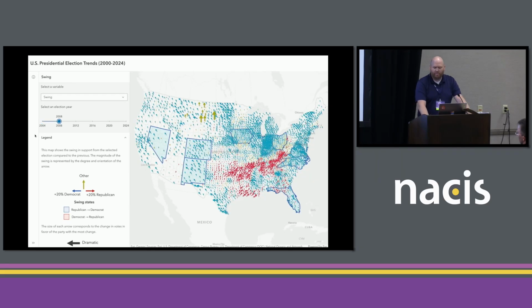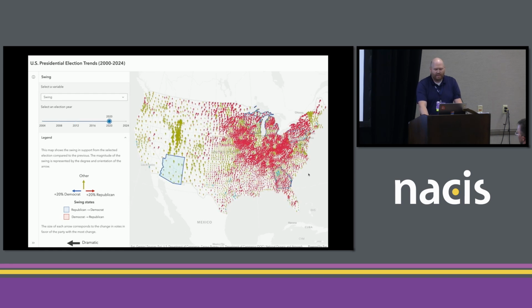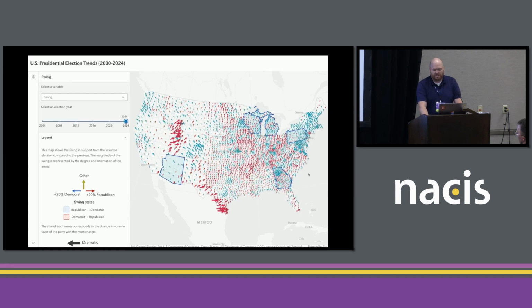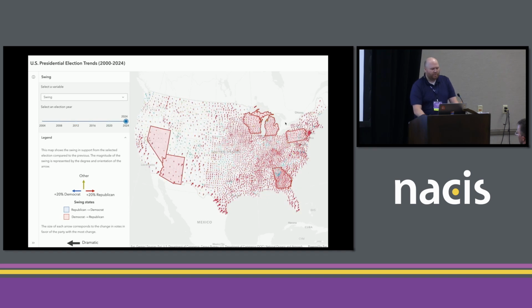So you can see when Obama won in 2008, there was a lot of shift to the left. And then back to the right, he still won in the 2012 election, but there were only one or a couple of states that flipped back to the Republican side. And then we go through the more recent elections here. So fun examples of visualizing swing. Also difficult to view trend for multiple elections.